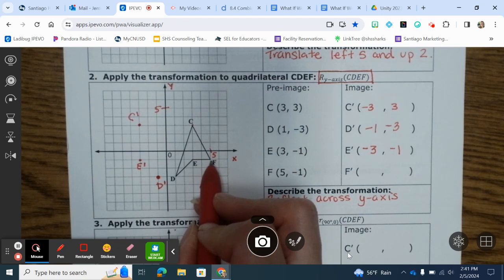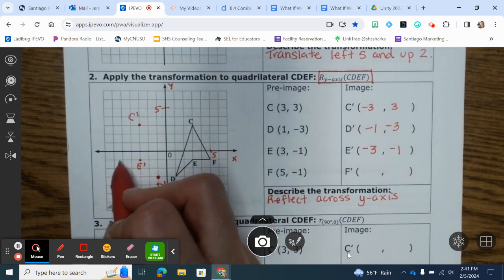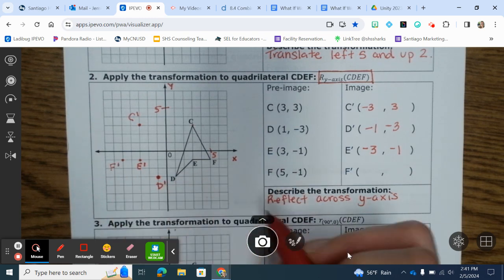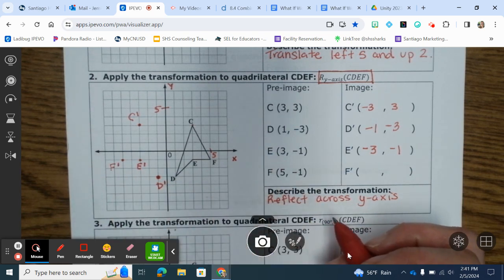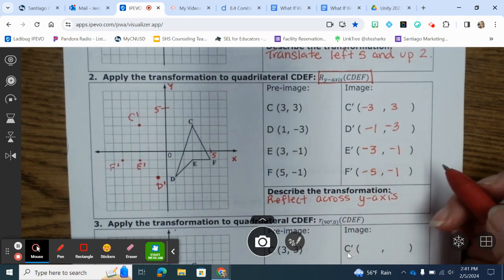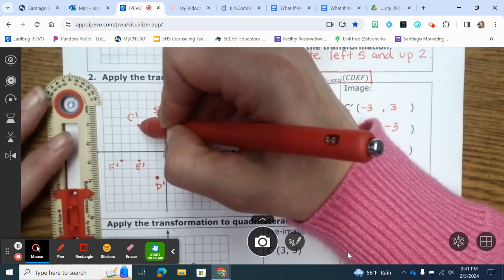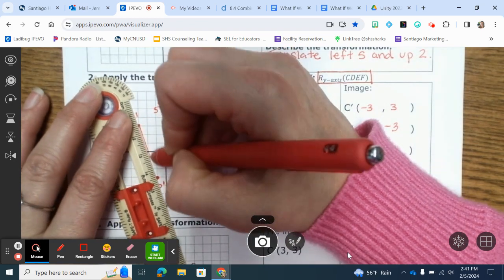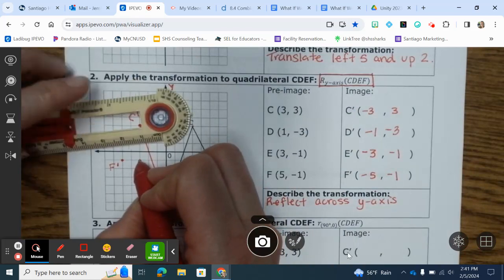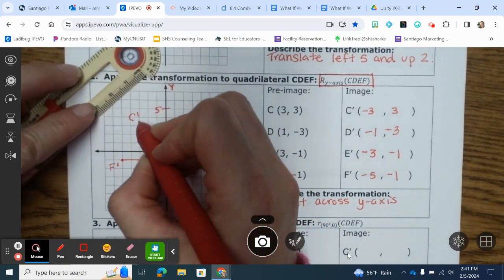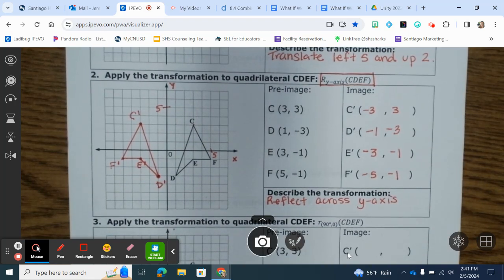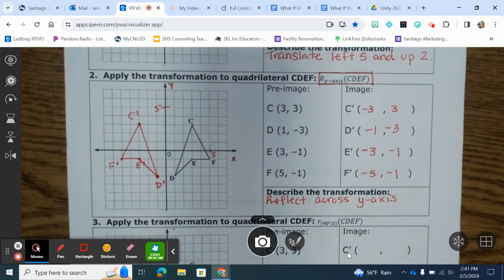And F is 5 units away from the y-axis, so I'm going to go to the y-axis and then 5 more units. Connect C to D, D to E, E to F, and F back to C. It looks like a nice reflection, right? Whatever's happening on the left is the mirror image on the right.